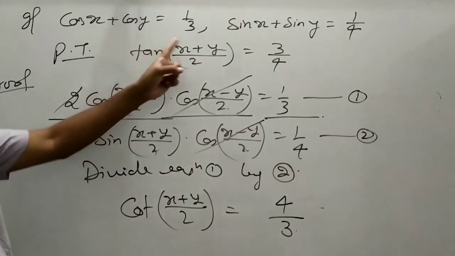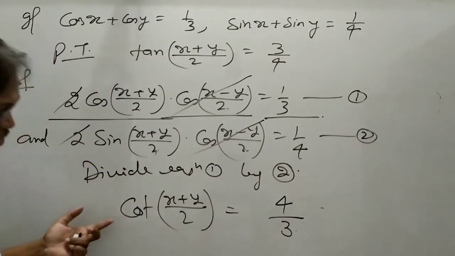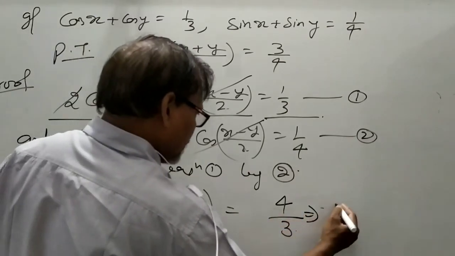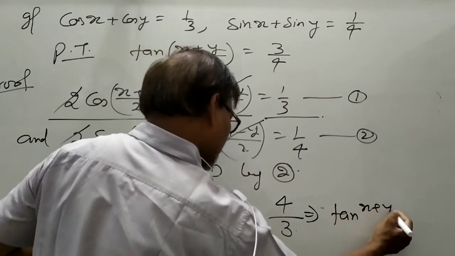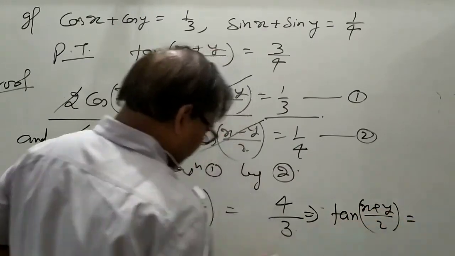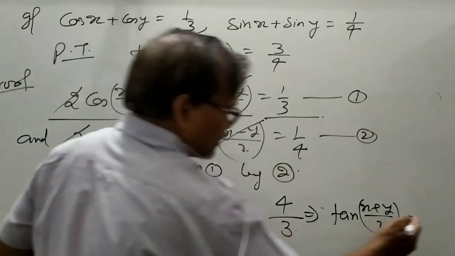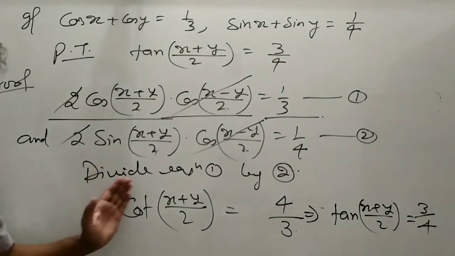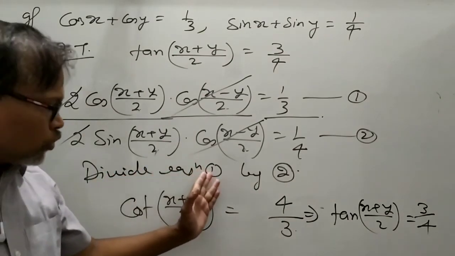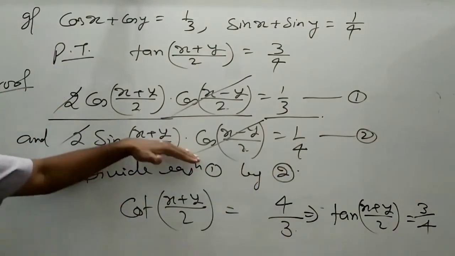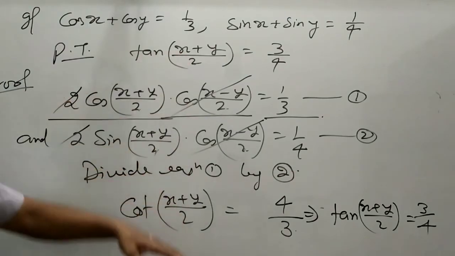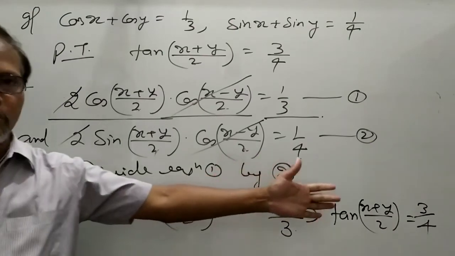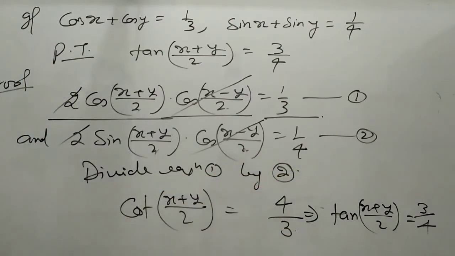But you are asked for tan (x plus y) by 2, so take the reciprocal, because cot theta is equal to 1 upon tan theta. So tan (x plus y) by 2 is equal to 3 by 4. This is the answer. Or directly, if you want, divide equation 2 by equation 1, that means write this on top and this below, then you will not take the reciprocal. Afterwards you will get directly tan (x plus y) by 2 is equal to 3 by 4.